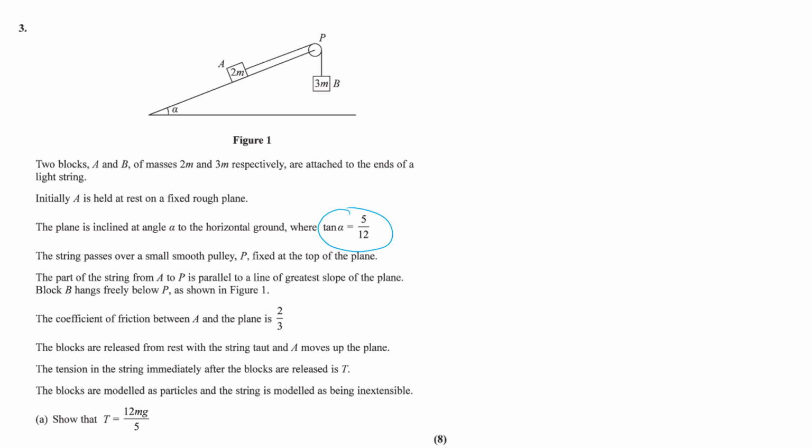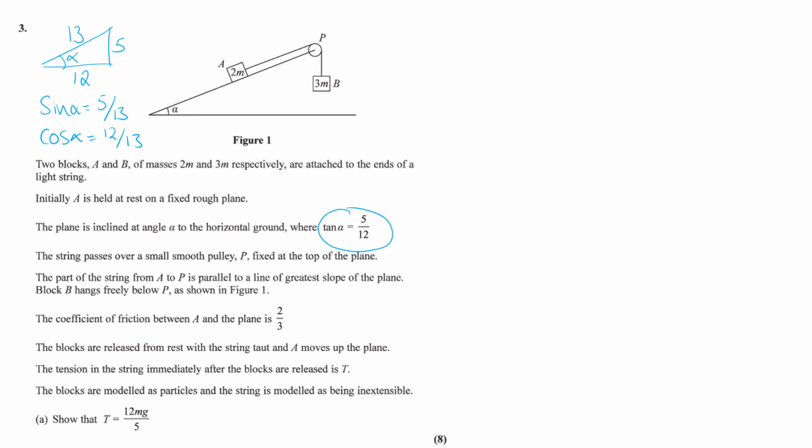So as soon as I see that sort of thing, I will put on a separate triangle: tan alpha being opposite over adjacent, by Pythagoras the hypotenuse will be 13, and then sine alpha is going to be 5 over 13, cos alpha is 12 over 13.